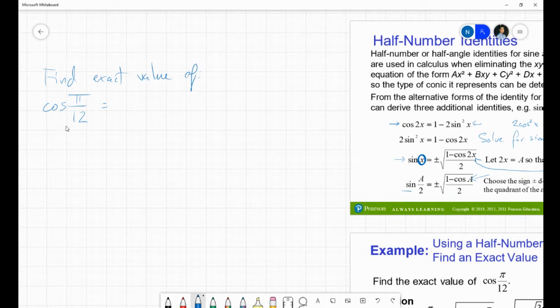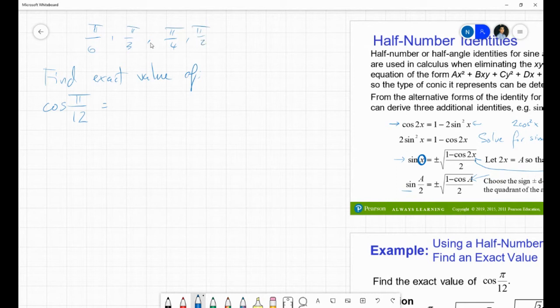Do you remember how we found the values when we had specific angles that we want to know, like for double angle or sum and difference formula? So the special angles that we know were pi over 6, pi over 3, pi over 4, pi over 2.